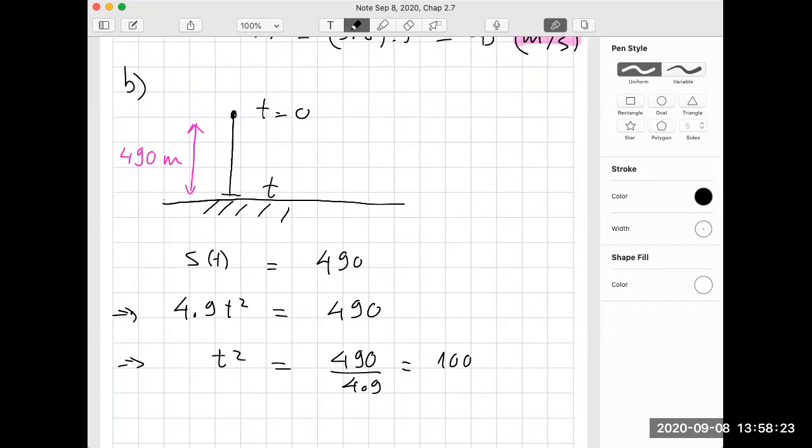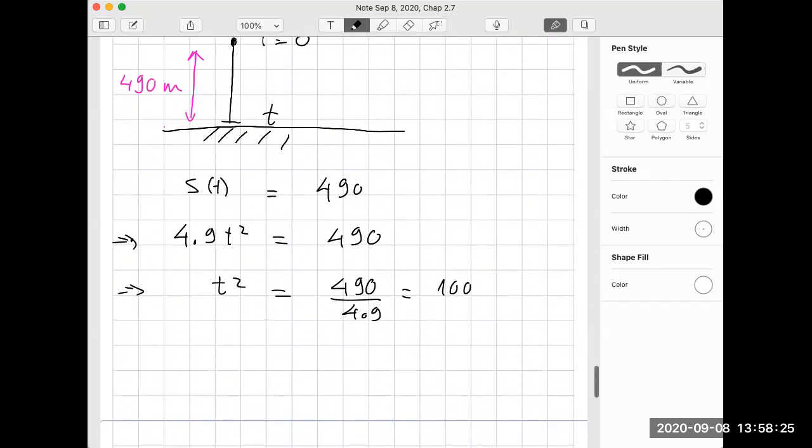So t squared is 100. Therefore, t should be the square root of 100. And t is time, so we take the positive value, we don't care about the negative value. So t is equal to 10 seconds. It means that after 10 seconds, the ball will hit the ground.